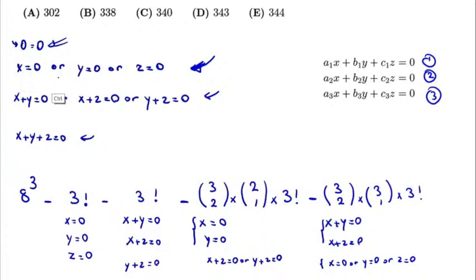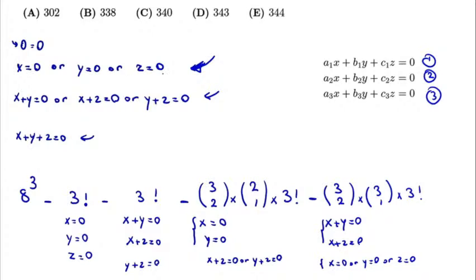If you select except these two other things, for example, this one, then y will be negative x, z will be negative x. For example, you can say x 1, y negative 1, z negative 1. If you select, for example, this one, then you say, okay, x 0, y 0, z can be any number. If you select this one, x 0, y 1, z negative 1. So if you select 0 equals 0, it means all coefficients are 0, then it is not a bad case. So we don't consider that case.